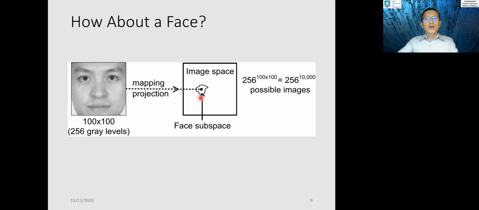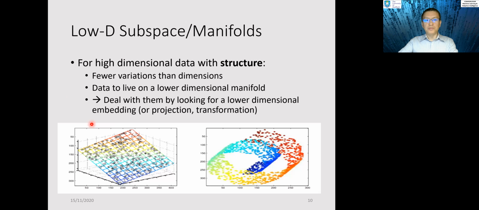So the objective of dimensionality reduction is to find a subspace, a lower dimensional representation that can represent our desired data points.